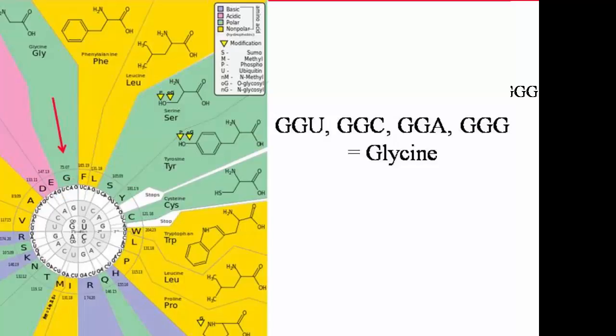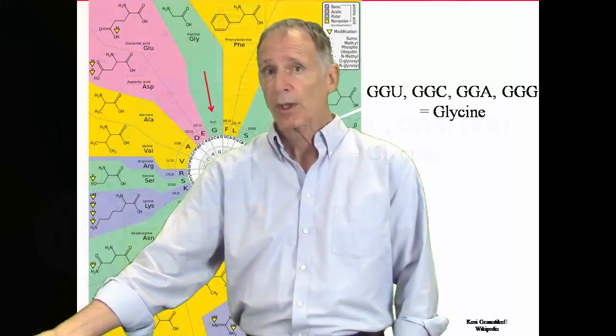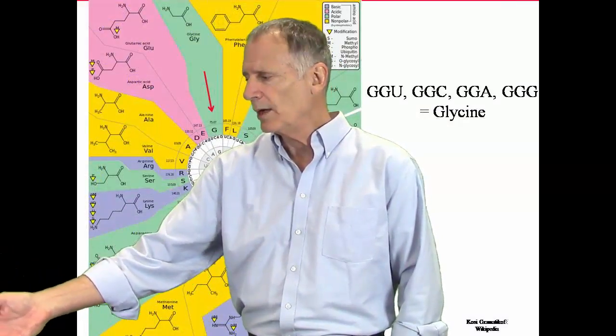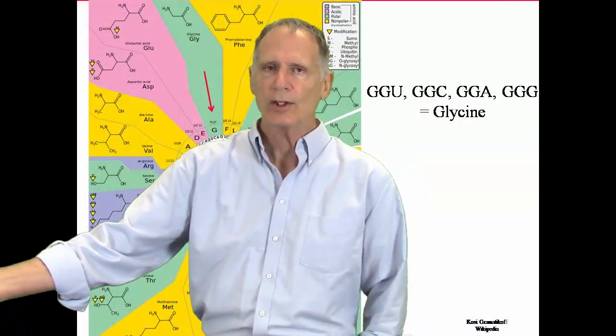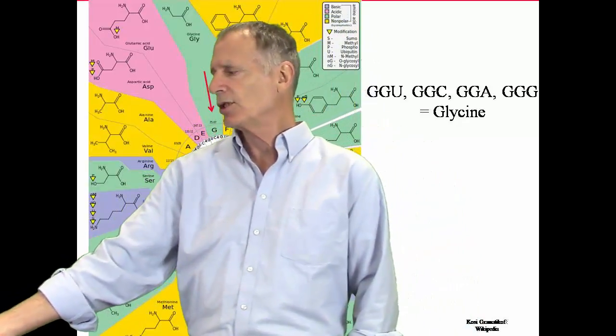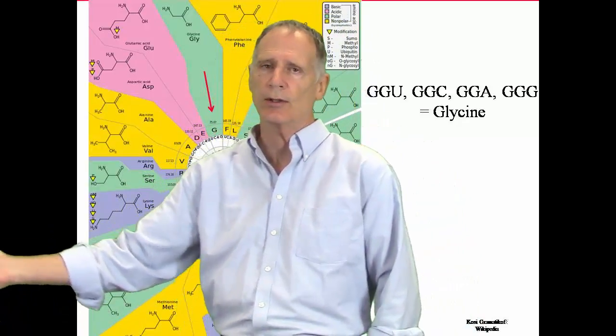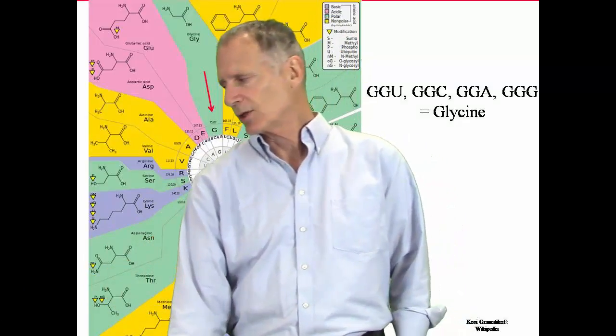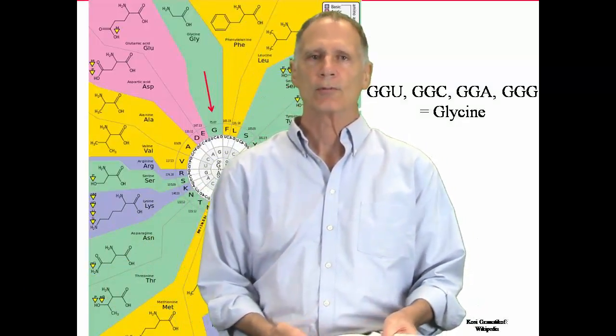So all four of those combinations of codons will give you glycine. They code for glycine. So this is how we look up what bases code for which amino acid, glycine being an amino acid, the codons GGU, GGC, and so on. Those are the bases that come together that code for those amino acids.